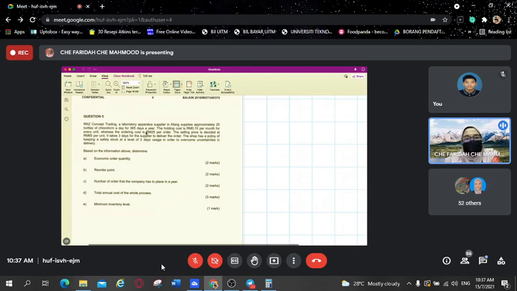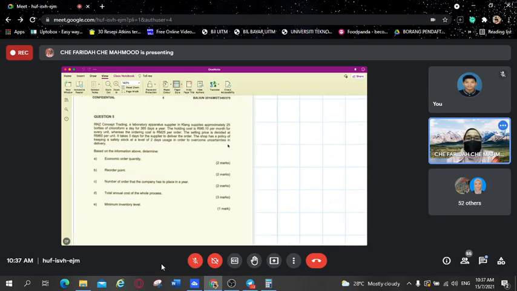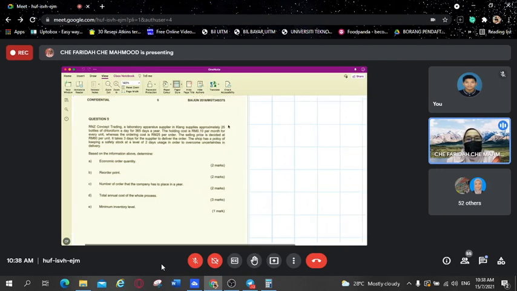When you have questions like this, you need to be able to identify what the values given represent. The 25 bottles represent the usage rate per day, because it is used over 365 days in a year.